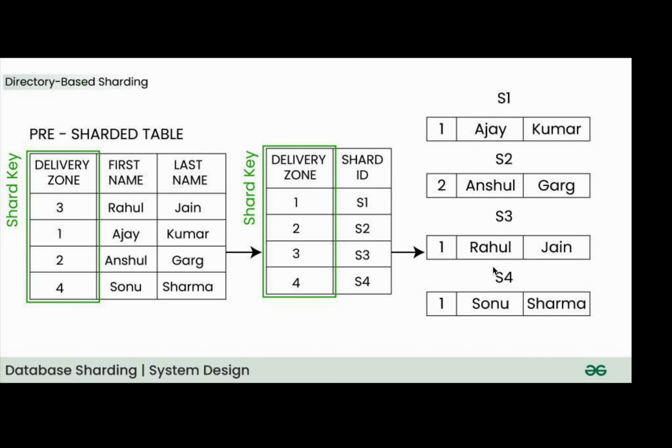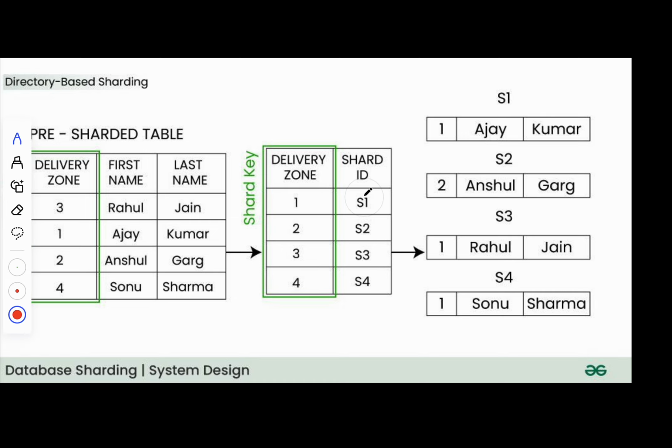For example, I have here 4 shards. It will go directly to the right shard and process a read or write operation. This approach offers a lot of flexibility. You're not limited to a fixed hashing schema or static ranges. You can rearrange data shards if needed, as long as you update the lookup directory.